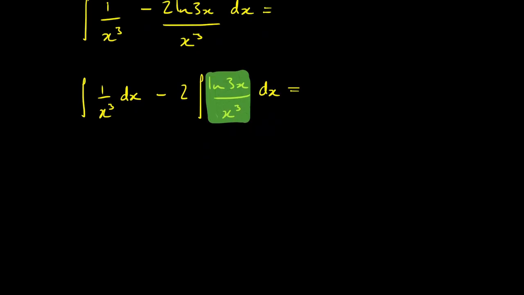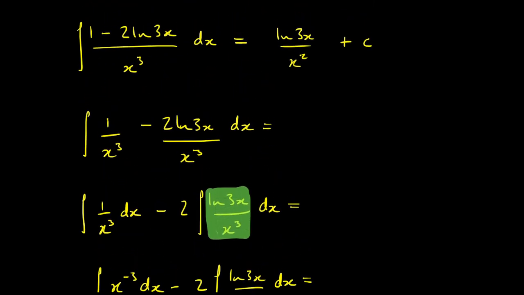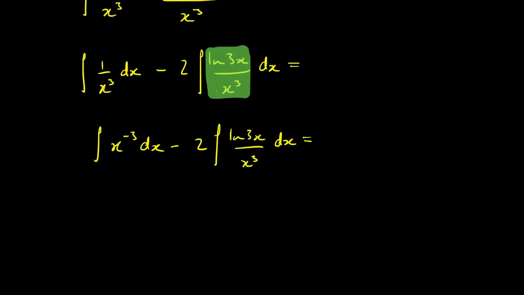So this term here is the integral of x to the power of -3 dx minus 2 times by the integral that I want, so ln 3x upon x cubed dx, and that's equal to the ln 3x upon x squared plus c, okay?